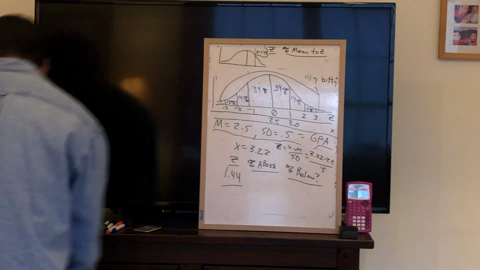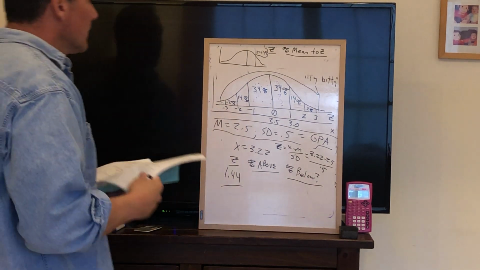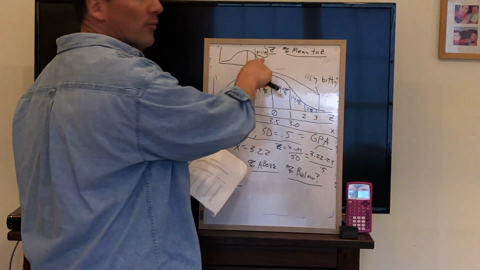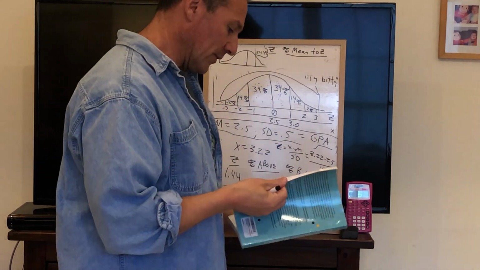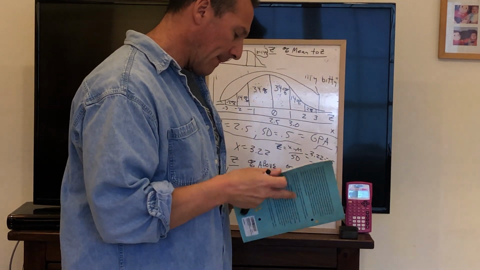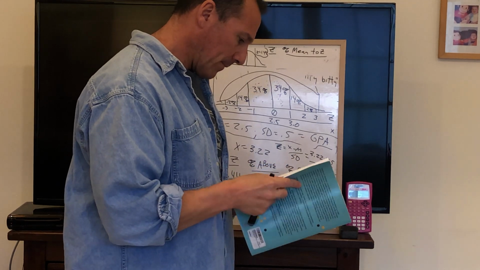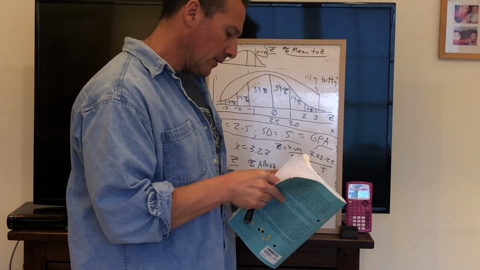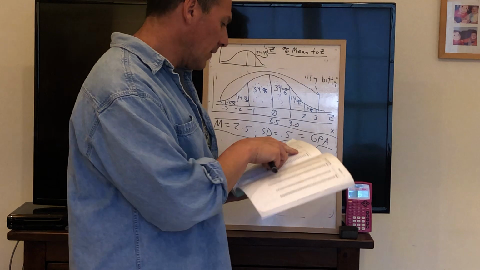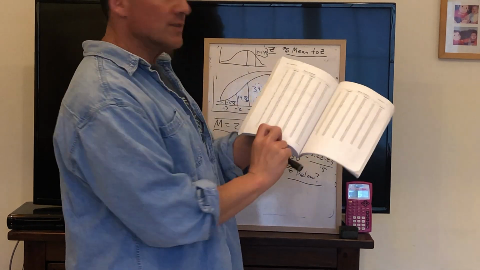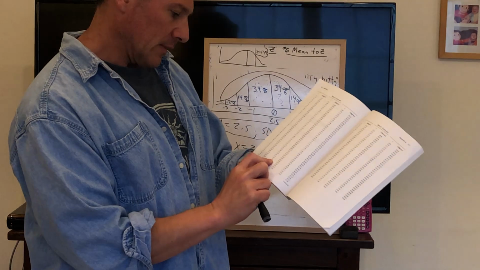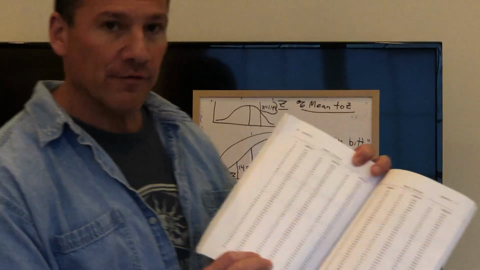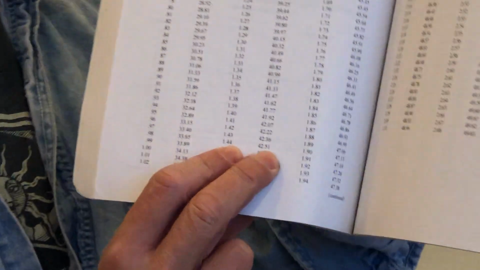The table has z and percent mean to z. So I have a z of 1.44, and I'm going to look that up. If I look up a z of 1.44, I see it has a percent mean to z of 42.51. Is that pretty clear?